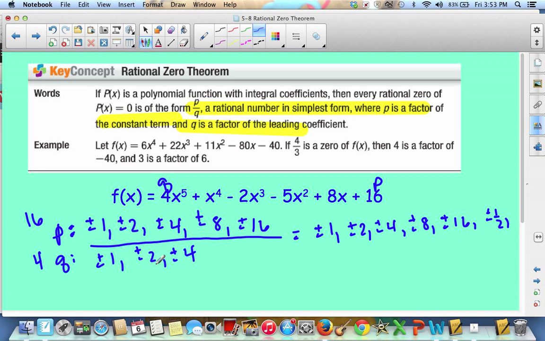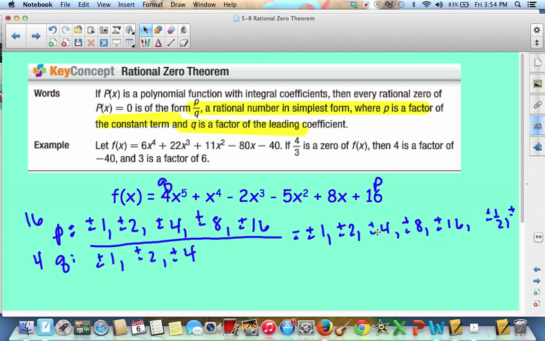So 1 over 1, 1/2, and 1/4. We get that. So we have to have that 1/4 there as well. So you have to kind of go in order here. And it looks like all of them are covered then.